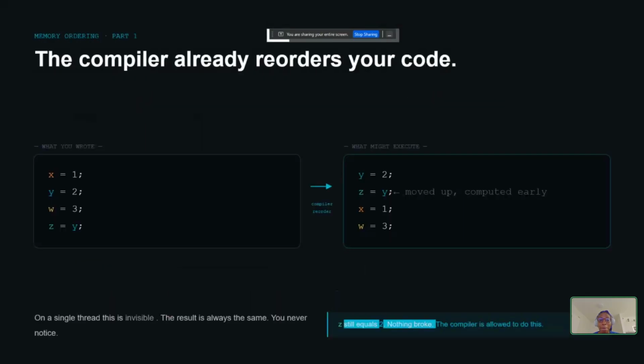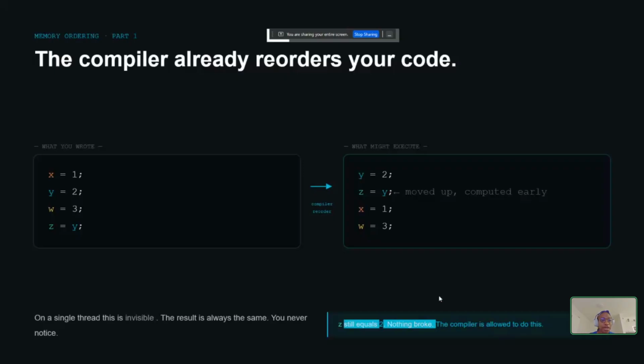The other issue is memory ordering, right? With memory ordering, with single threading or mutexes, you don't have to think about memory ordering, right? And in single threaded programs, your compiler or your CPU, depending, reorders your program for optimization reasons.